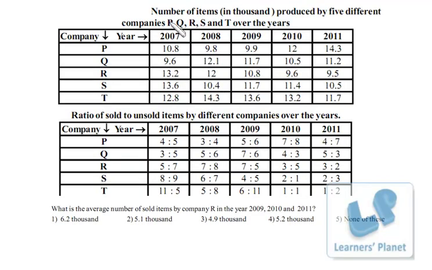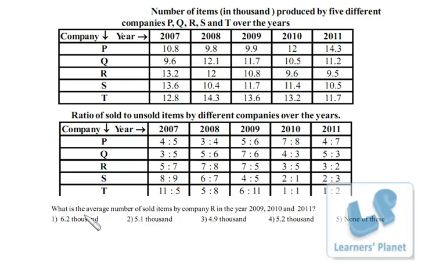Now this set of questions: the number of items in thousands produced by 5 different companies P, Q, R, S and T over the years, all data in thousands, and the ratio of sold to unsold items by different companies over the years. Okay, sold and unsold.